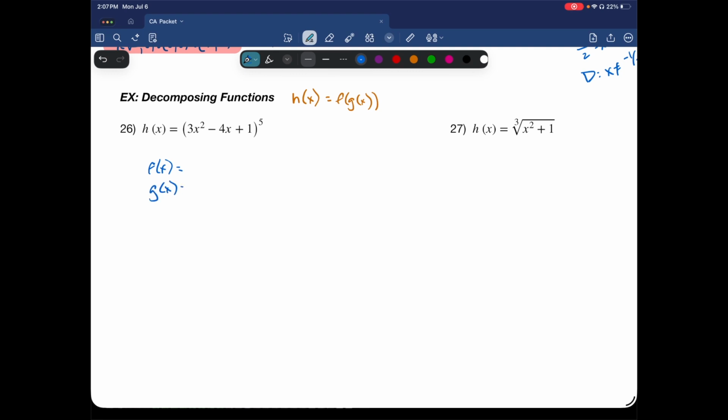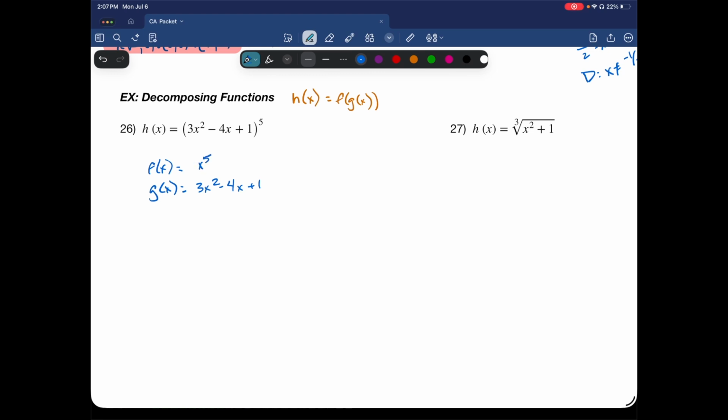All right, so you see that you have this big nasty thing inside the parentheses, raised to the 5th power. Well, if you let the inside of that parentheses be g, to get 3x squared plus or minus 4x plus 1, that means f of x has to be x to the 5th, and here's why.